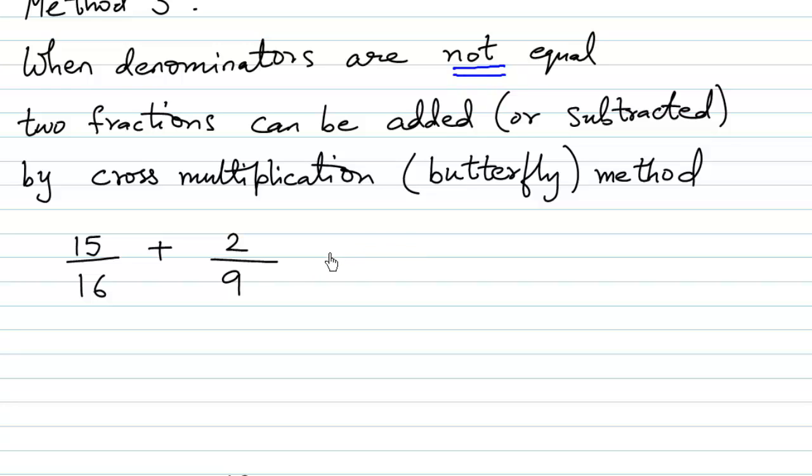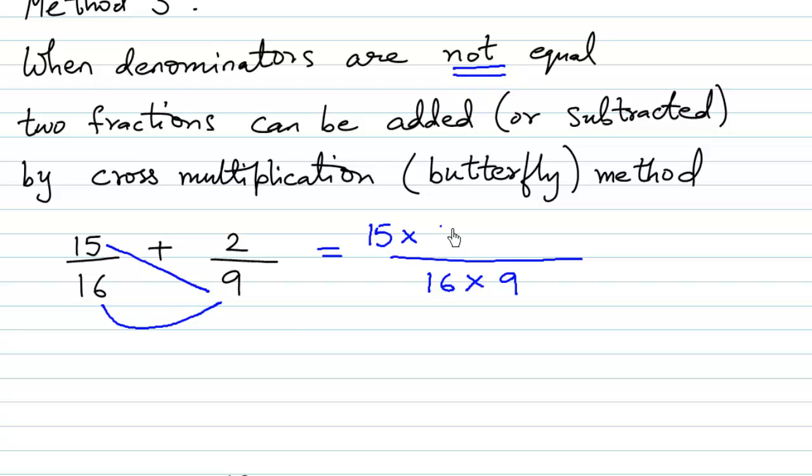So what we are going to do is, first we shall multiply 16 and 9 in the denominator, and then we shall multiply 15 and 9 over here, 15 multiplied by 9, and we shall write the sign of plus, and we shall multiply 16 and 2.